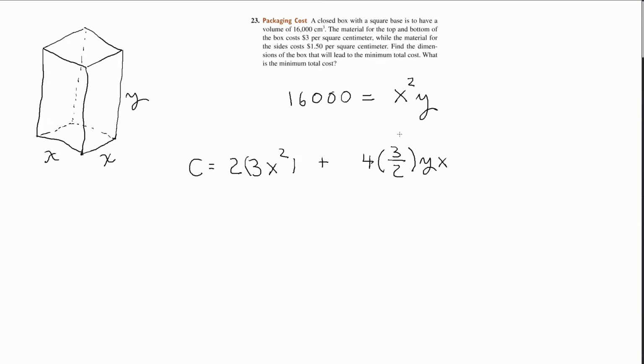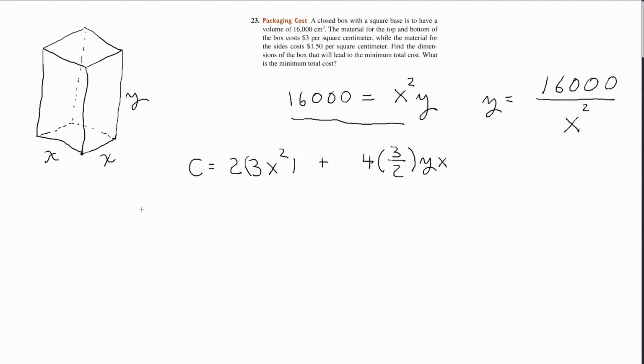Now we know that we cannot minimize this cost function if it's a function of 2 variables. So we have to solve this equation here for one of the unknowns, and I think it makes sense to do this: y equals 16,000 divided by x squared.